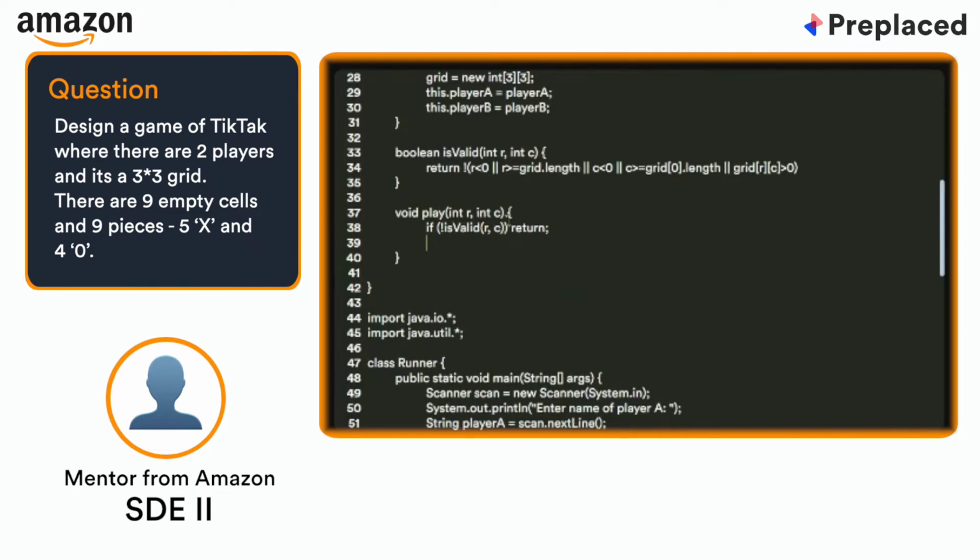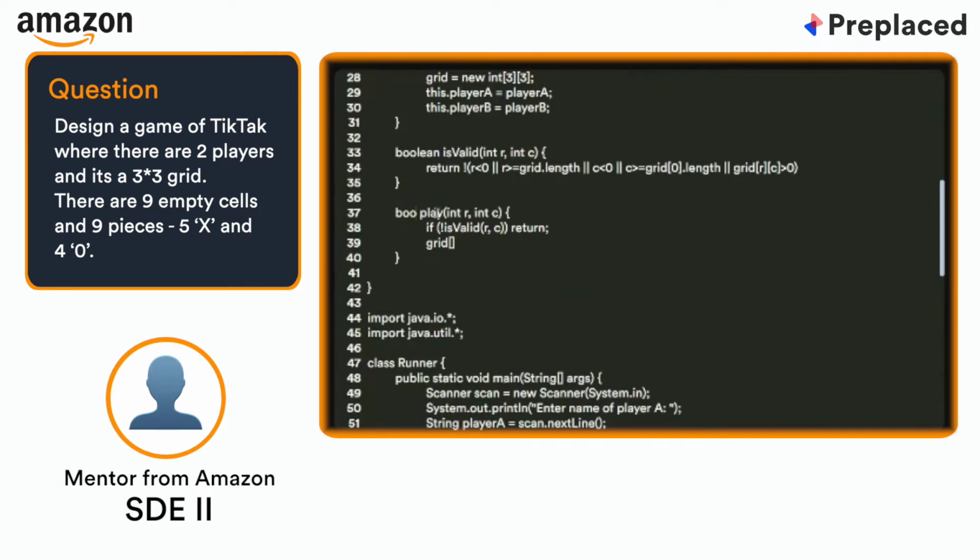But why are you calling is valid inside this? Just in case someone calls it. I won't be doing it for this particular code, but I'm making sure that whenever play is called, my row and column are valid.